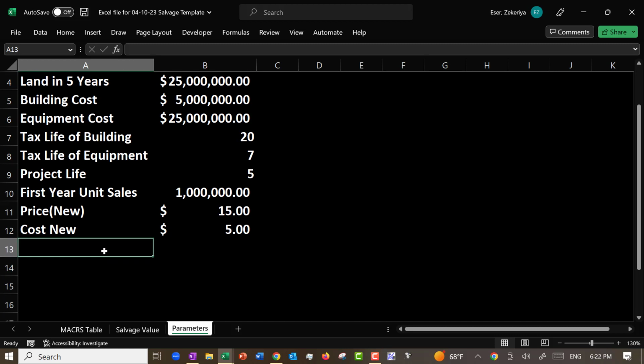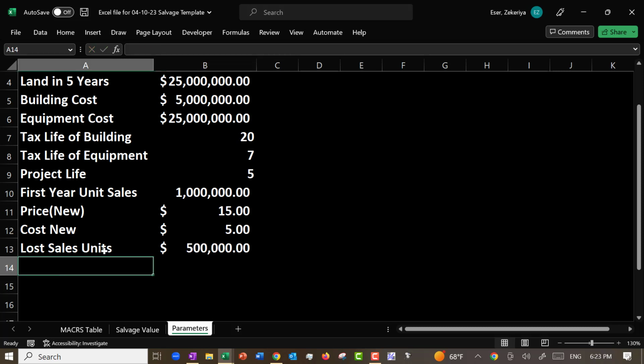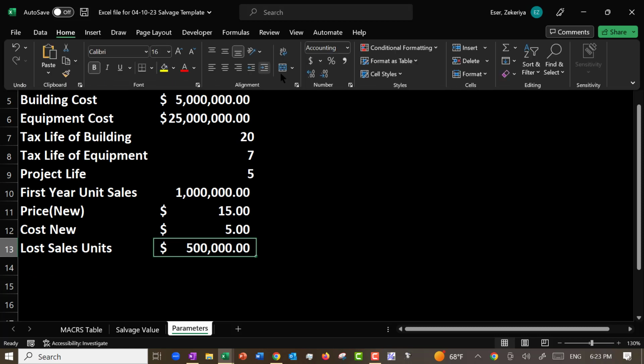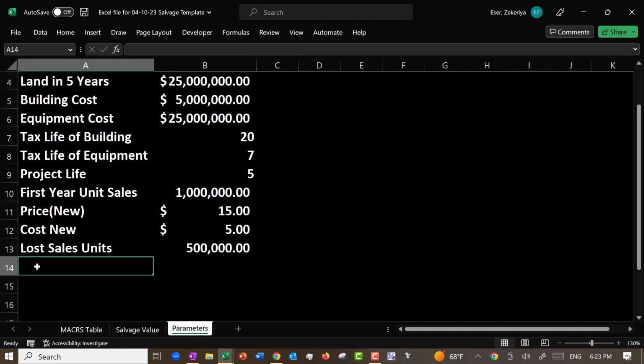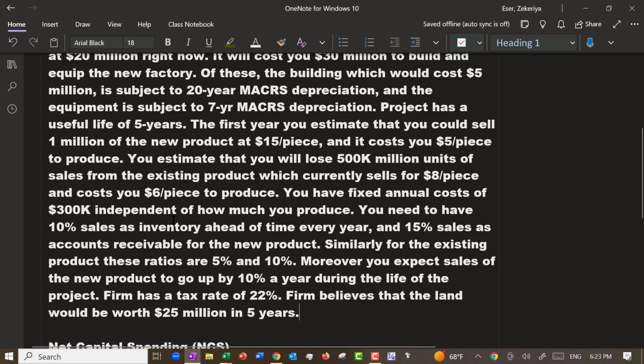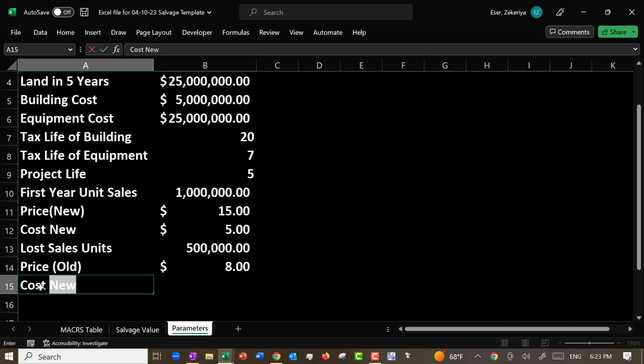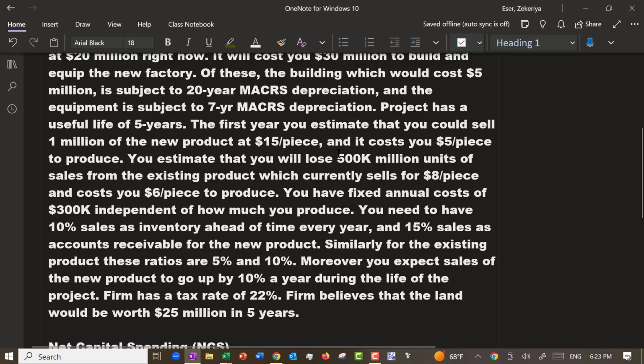Lost sales units, 500,000. 868. $500K units, not 500K million. 300,000.